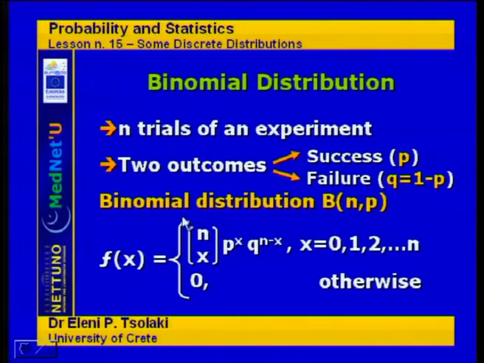Now, the binomial distribution is denoted with a capital letter B, and here we have parameters for the binomial distribution. The parameters are the information we need to have for the distribution in order to know exactly which one of this family of distributions we are talking about.